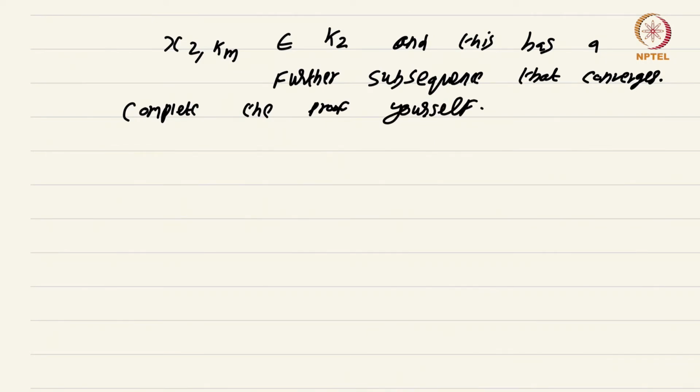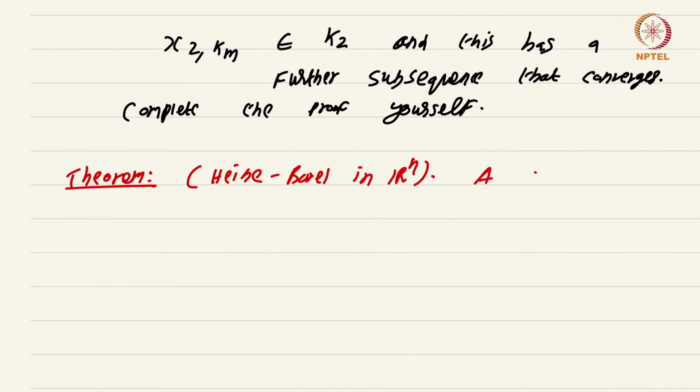So once we have these two facts, it's very easy to find out what the compact sets in Rn are. We have the Heine-Borel theorem in Rn.